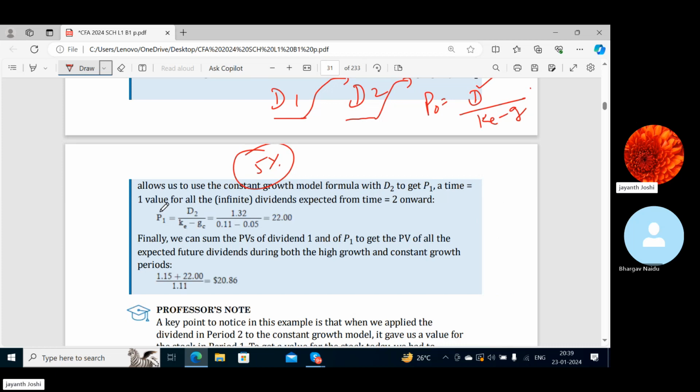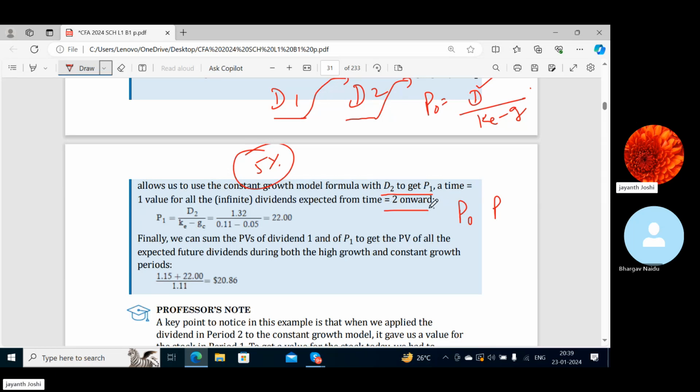So we want to find out the stock price. P naught is today's price. P1 is the price next year. This allows us to use the constant growth model formula with D2 to get P1, the time equal to 1 value for all indefinite dividends expected from time period 2 onward.